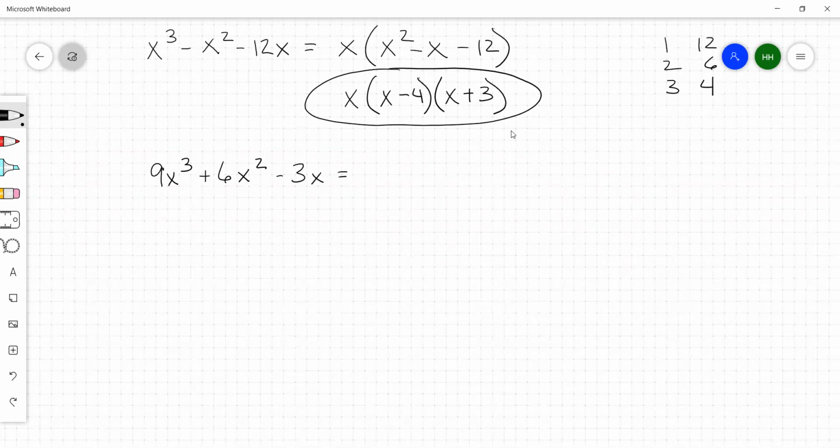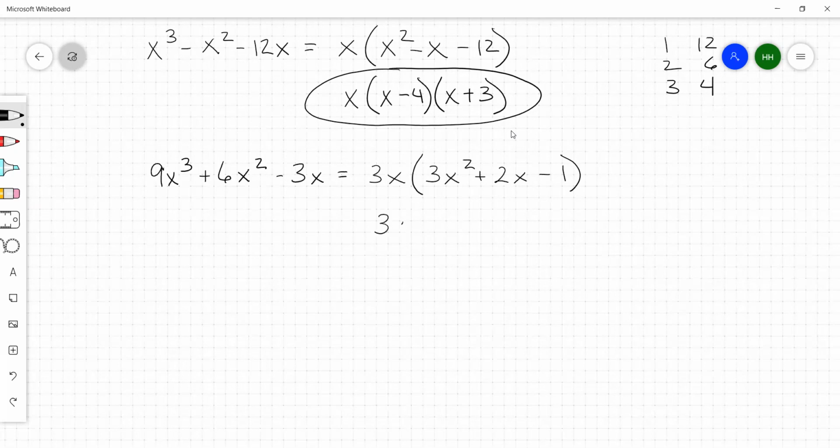So you're going to factor the 3x out of all of these terms. So when you take this 3x out, what you're left with inside the parentheses is a 3x squared plus a 2x minus 1. All right, and then you're going to factor what's left inside those parentheses.